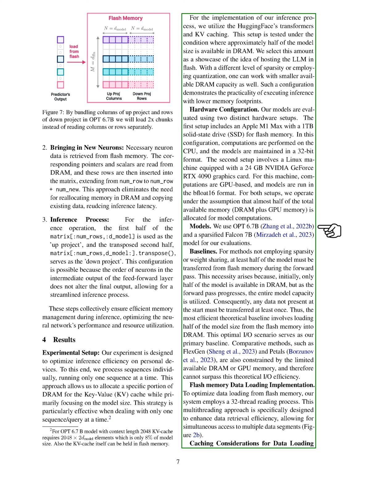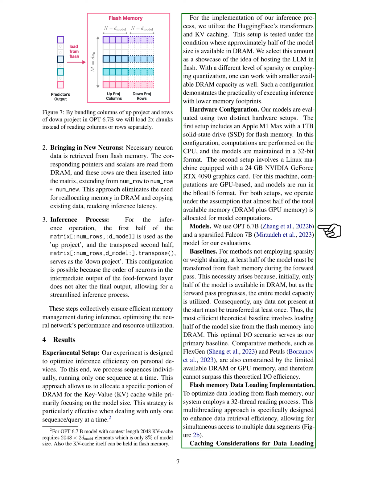We evaluate our models using two different hardware setups. The first one uses an Apple M1 Max with a 1 TB solid-state drive, SSD, for flash memory. Here, computations are performed on the CPU, and the models are kept in a 32-bit format. The second setup uses a Linux machine with a 24 GB NVIDIA GeForce RTX 4090 graphics card.